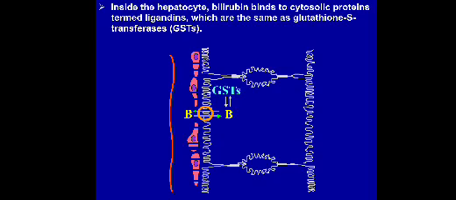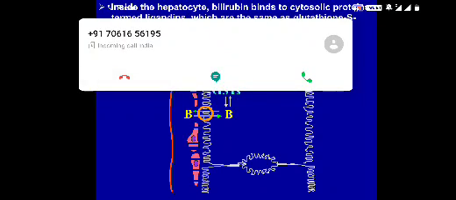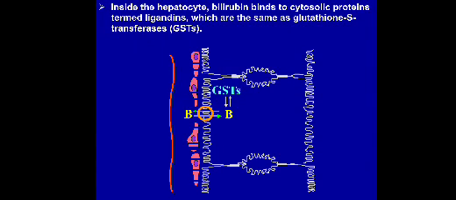Now, here you see inside the hepatocyte, bilirubin binds to the cytosolic protein termed ligandine. Understand? So when the bilirubin enters into the hepatocytes, it attaches to the ligandine, which is the same as glutathione S transferase.